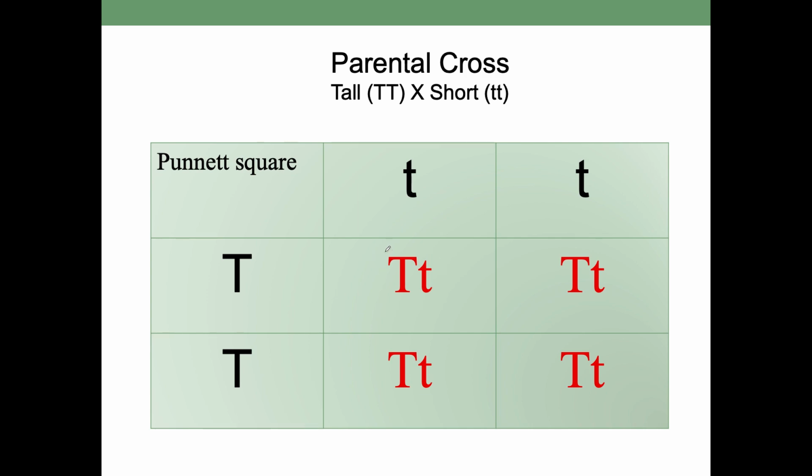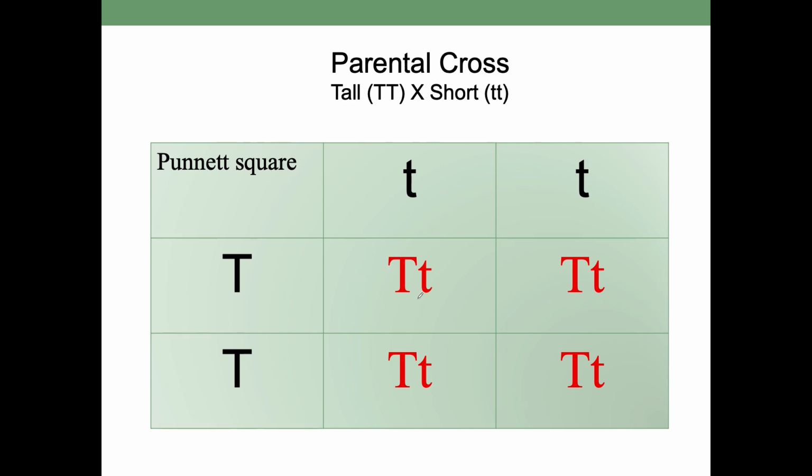And so this is the parental cross that Mendel performed. That was his first step, where he bred true breeding tall plants with true breeding short plants, and found that, guess what, 100%, 4 out of 4 in this Punnett square example, of the offspring had the same phenotype. They were all tall.